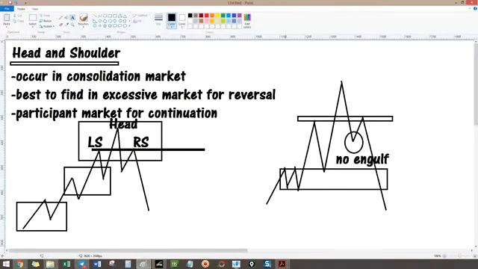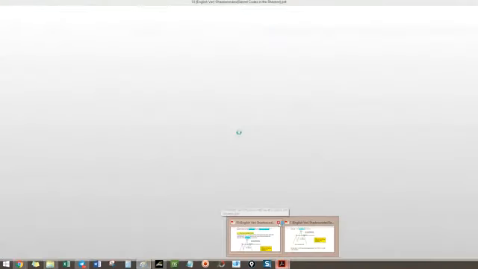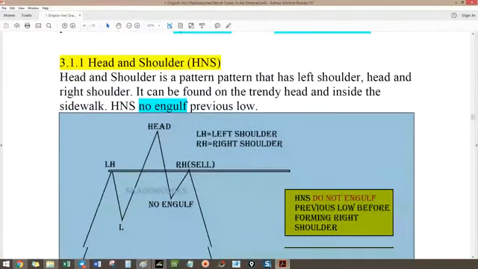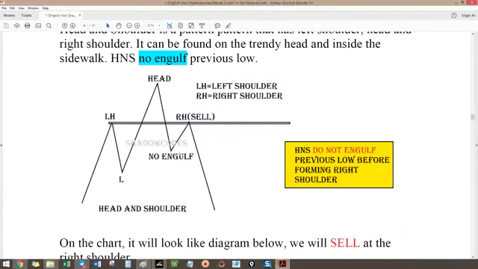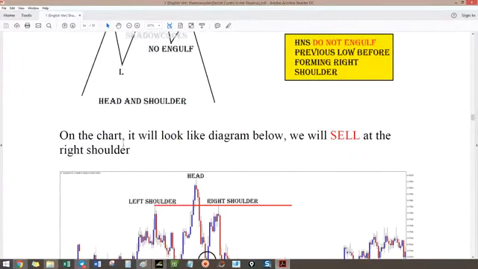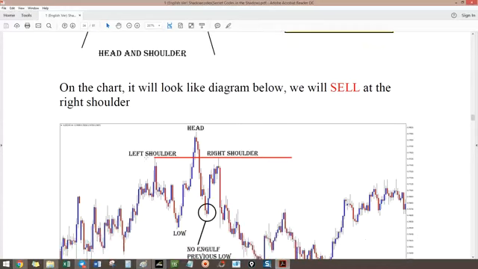So no engulf here. Let's see the PDF again. I'm really sorry regarding this grammar. I think I already corrected it, but I don't know. I will check it again. On the chart, it will look like the diagram below. We will sell at the right shoulder.